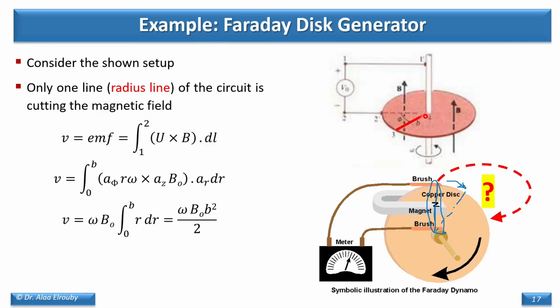So we are integrating from this point to this point, from r equals 0 to r equals b in this case. The potential difference will have this expression depending on the angular velocity, the magnetic field quantity, and the radius of the disk. We can find the EMF generated by this dynamo.